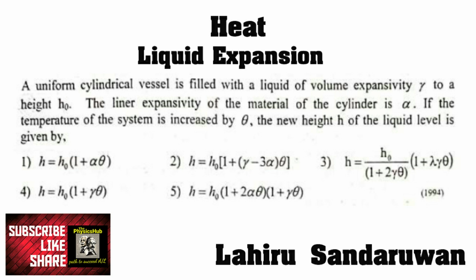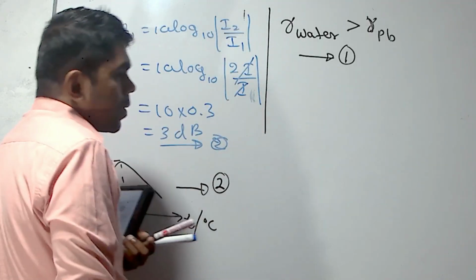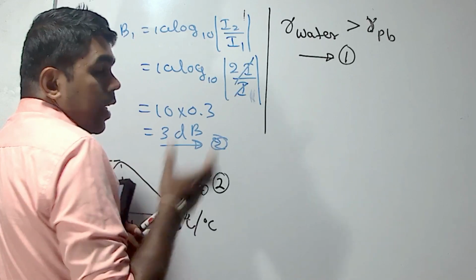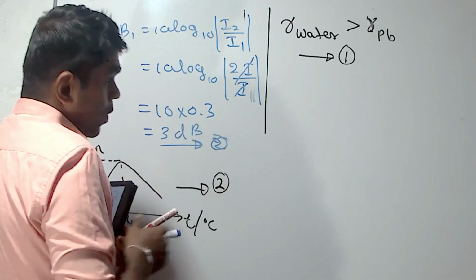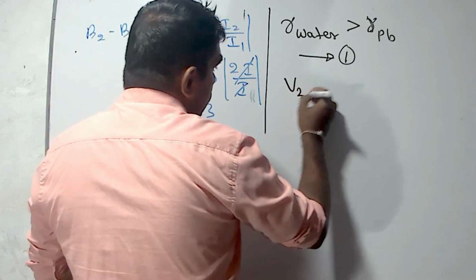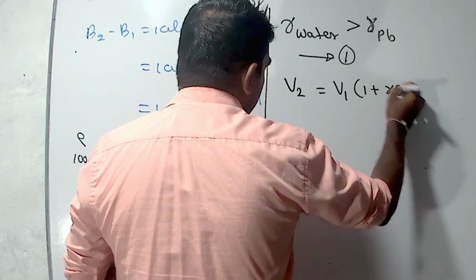A uniform cylindrical vessel is filled with a liquid of volume expansivity gamma to a height h naught. The linear expansivity of the material of the cylinder is alpha. If the temperature of the system is increased by theta, the new height of the liquid level is given by. We can get the final volume V2 equal to V1 into 1 plus gamma theta.